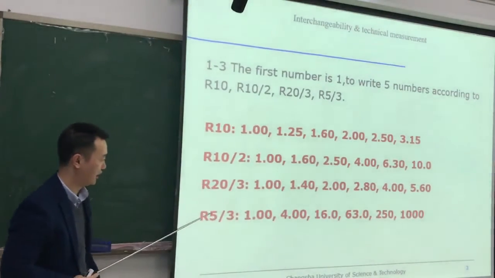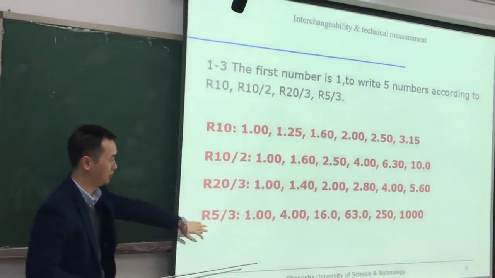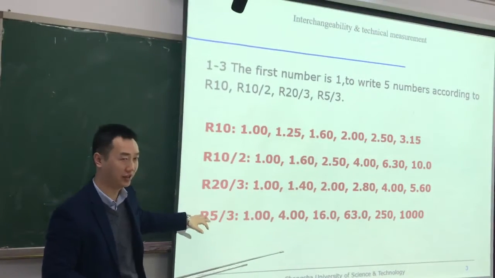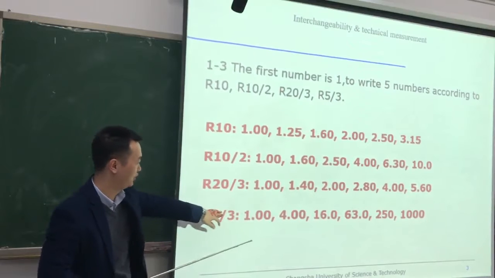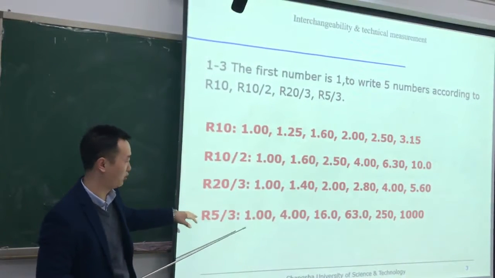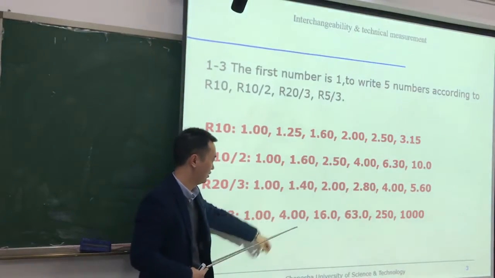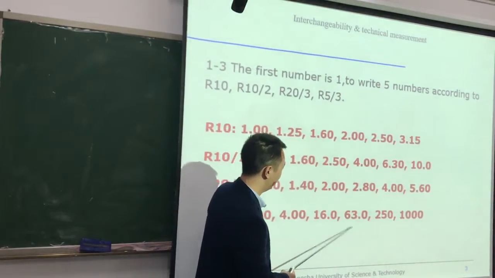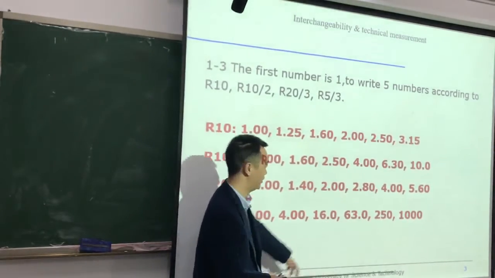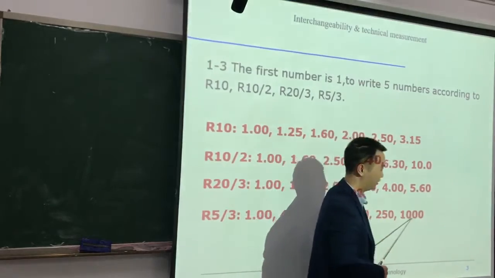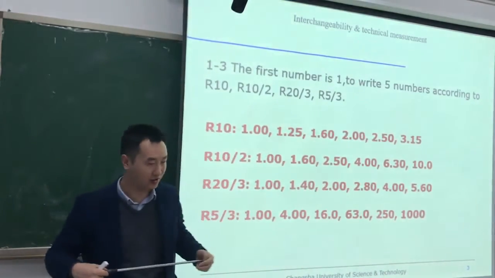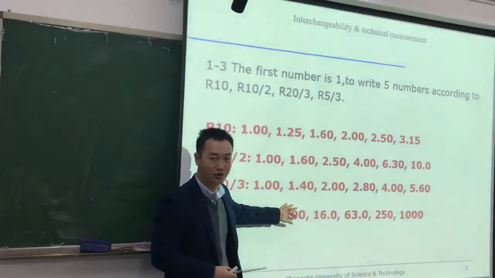And for the R5/3 series, we first find the R5 series, and for every 3 preferred values, we pick 1. That's 1, 4, 16. It's not R16/4, it's R16/3, and 215, and 1000. That's the answer for our last homework.